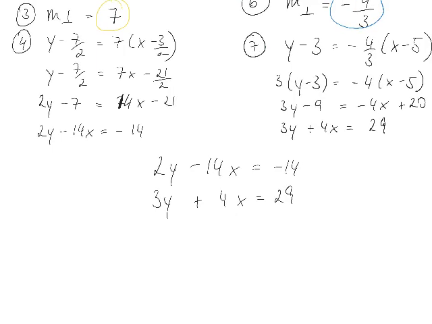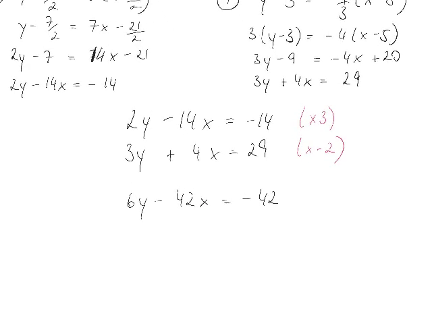So I think I will multiply the top by 3, and I will multiply the bottom by minus 2. So I multiply the top by 3, so that gives me 6y minus 42x equals minus 42. And the bottom by minus 2 gives me minus 6y minus 8x equals minus 58.